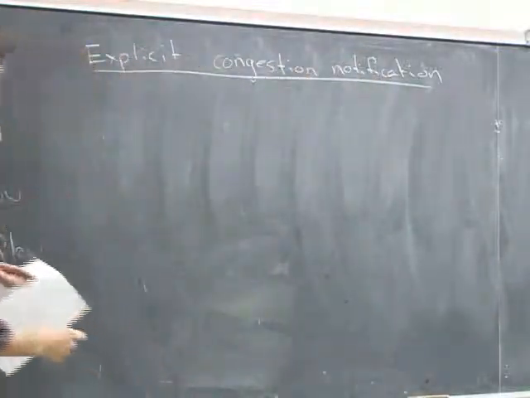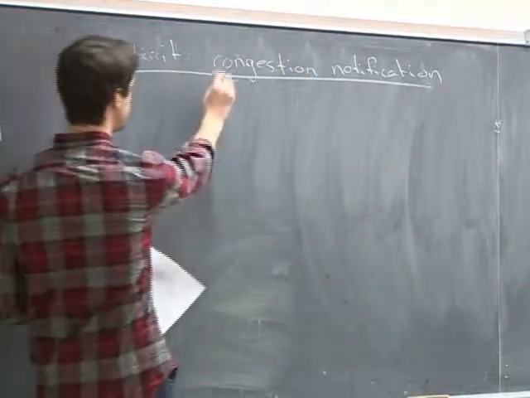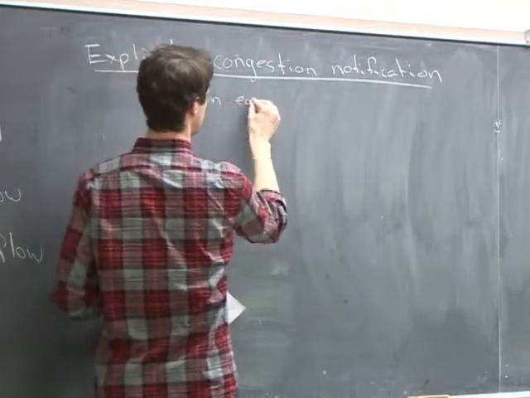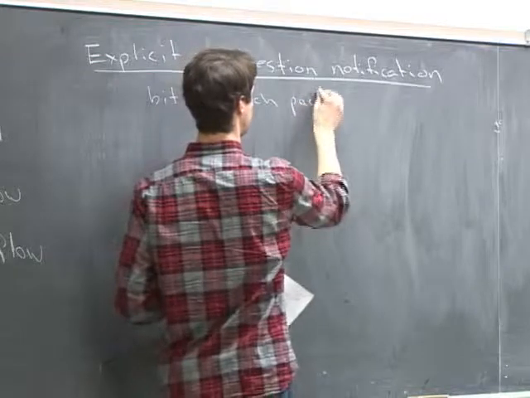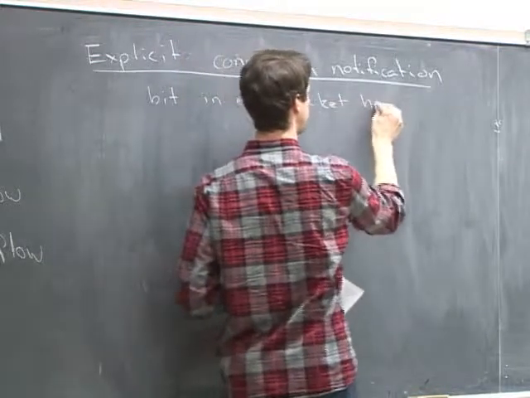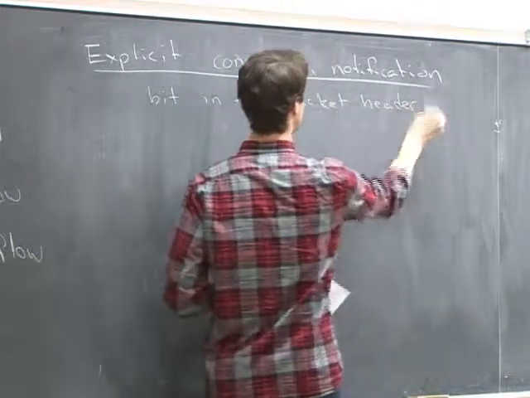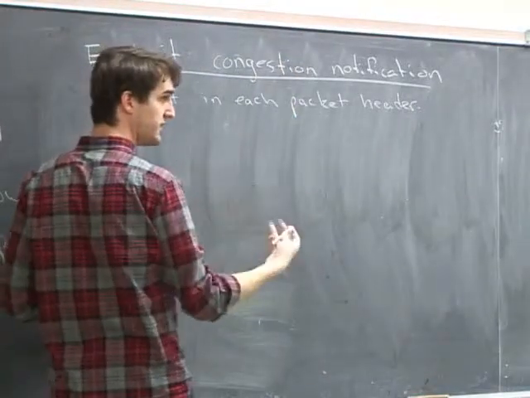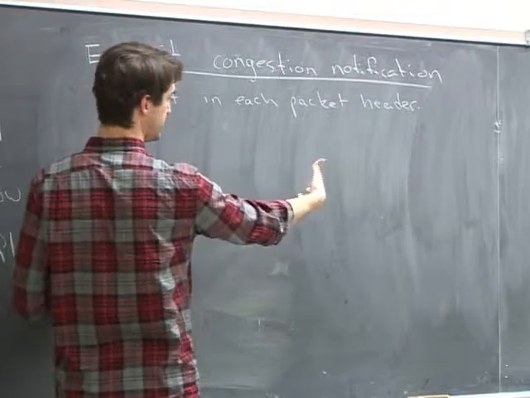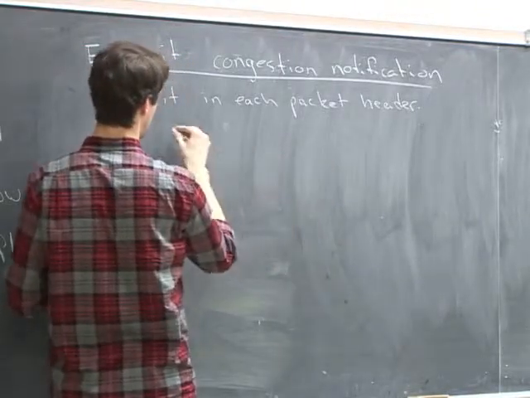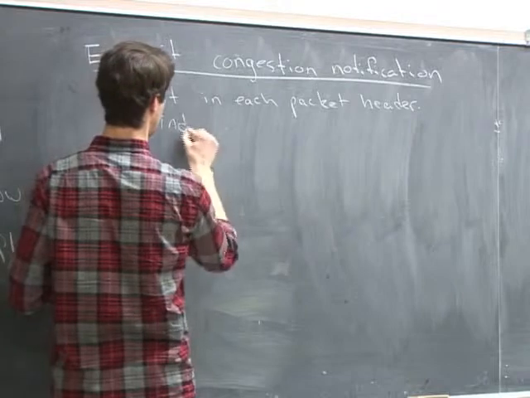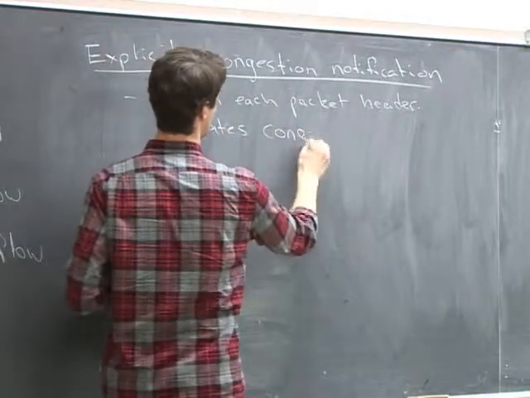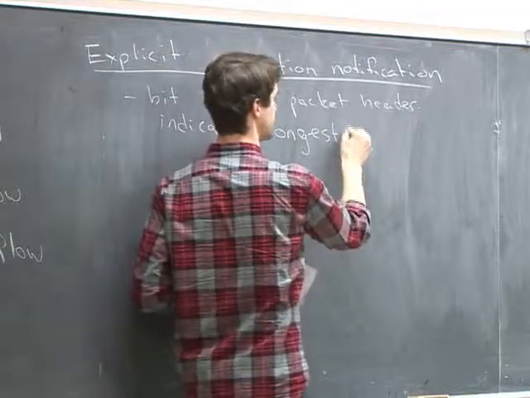What explicit congestion notification means is that there's a bit inside each packet header, and this bit indicates whether any device along the path is overloaded. We'll call any overloaded device congested, okay?